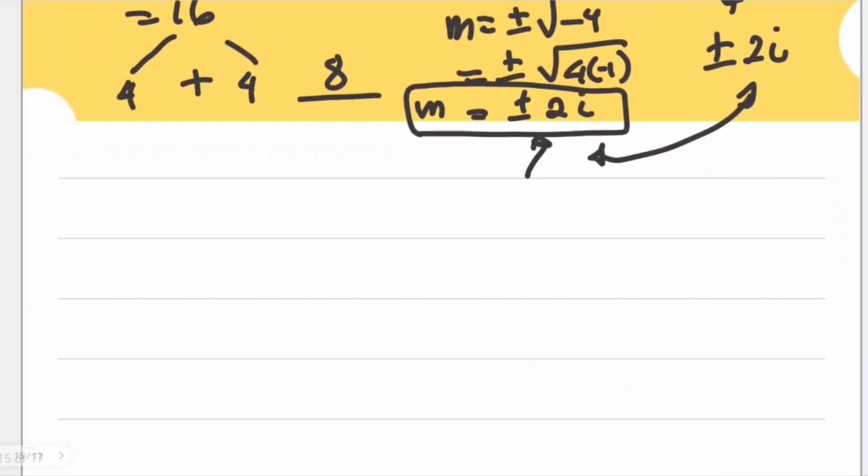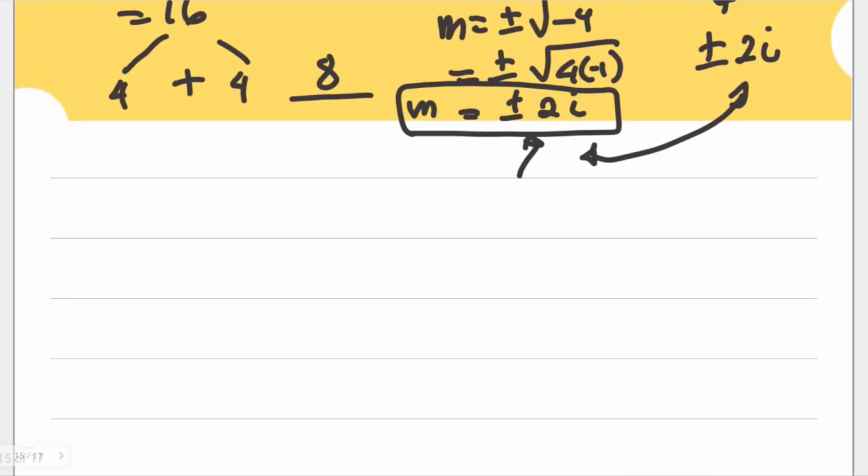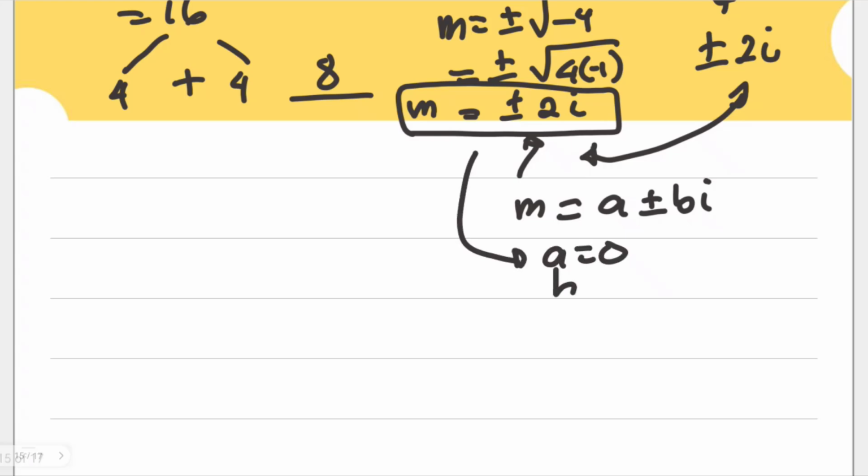Hence, we'll be using this type of solution. Take note that our imaginary roots are expressed as a plus minus bi. Here, our a is 0 and our b is 2.